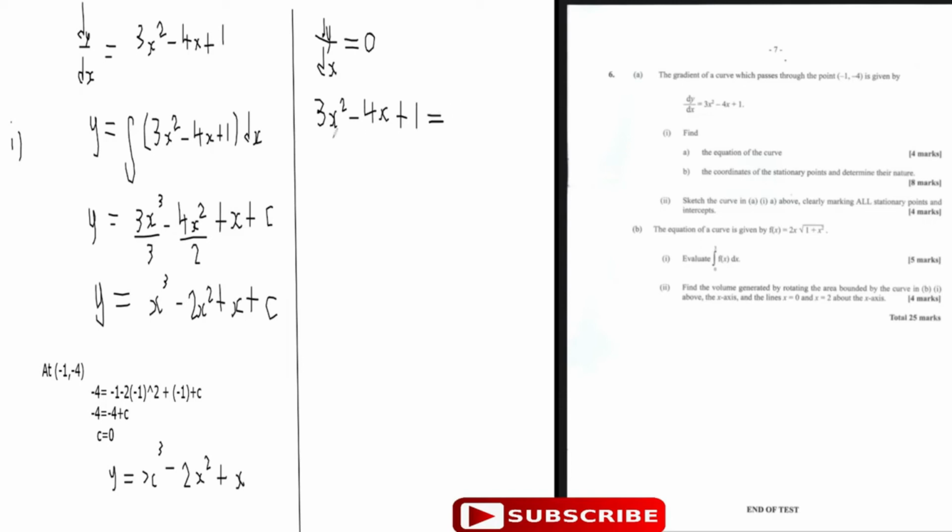By solving this equal to 0, we factorize it. By factorizing it, what we're going to get is signs are the same, and both of them are negative. So this has to be x, and 3x. And so the stationary points are going to occur when x is equal to 1, or when x is equal to 1 over 3.